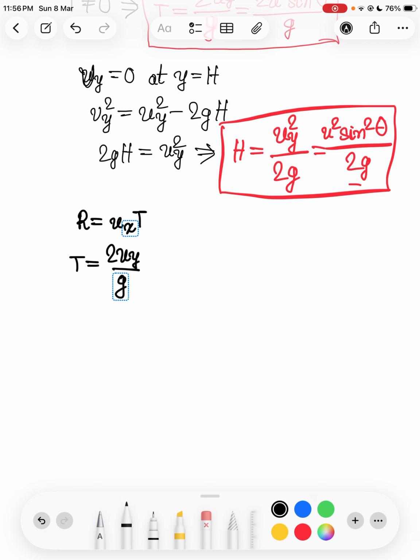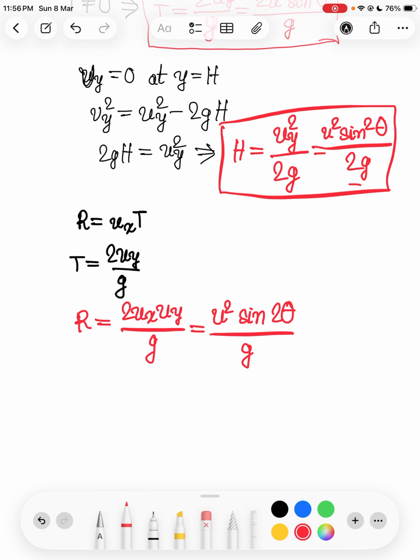Therefore very simply we can get R equal to 2 ux uy divided by g, and if you simplify that, ux is equal to u cos theta and uy is equal to u sin theta, so that is u square, and we have a 2 here, and 2 sin theta cos theta becomes sin 2 theta. So this is nothing but u square sin 2 theta divided by g.